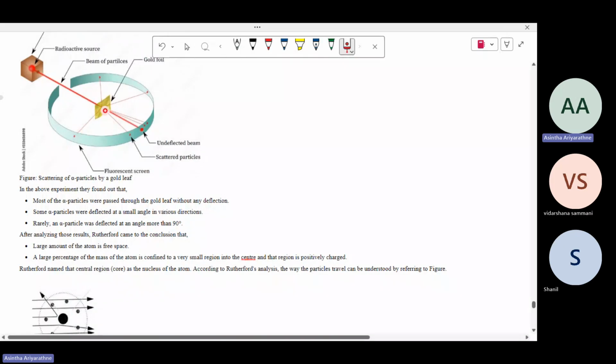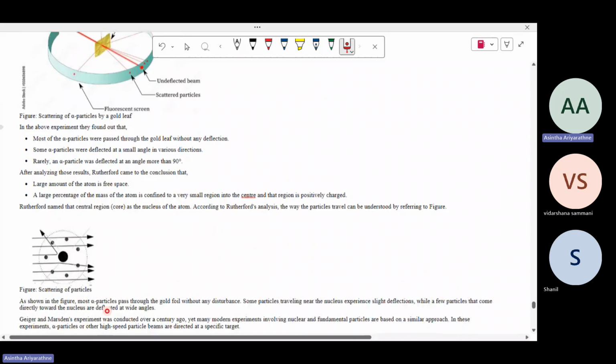Most of the alpha particles pass through the gold leaf without any deflection. Some alpha particles are deflected at a small angle. When an alpha particle gets closer to the nucleus, it will get deflected a bit. And rarely an alpha particle was deflected at an angle of more than 90 degrees.